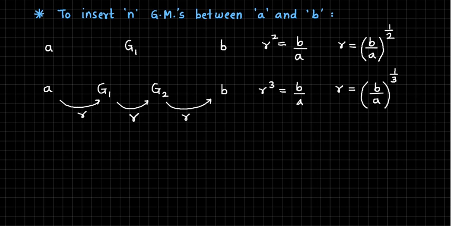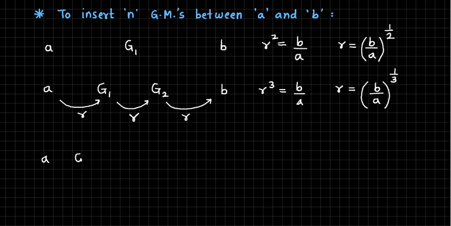So here also we see a particular pattern, that is whenever we want to insert only one geometric mean, it is the second root of b upon a. Whenever we want to insert two geometric means, it is the cube root, that is the third root. So that means the root number is one more than the number of geometric means.